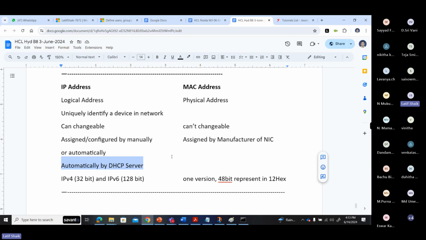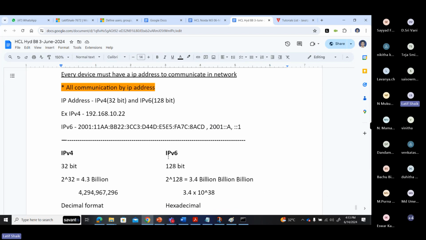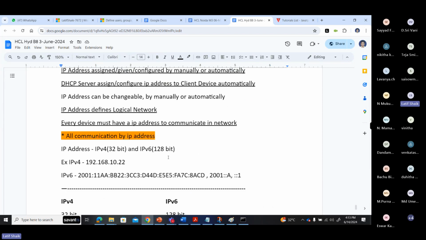MAC addresses are already assigned by the manufacturer of that NIC. IP addresses have two versions, IPv4 and IPv6. MAC addresses have no versions, only a single version, which is 48-bit, 12 hexadecimal digits. That is the major difference between IP and MAC addresses.